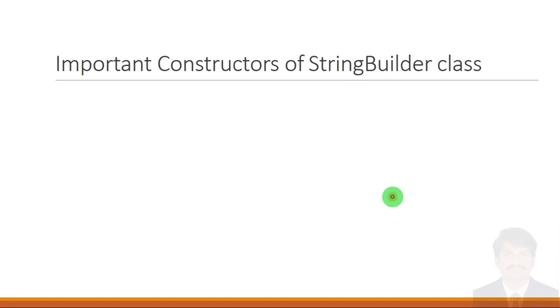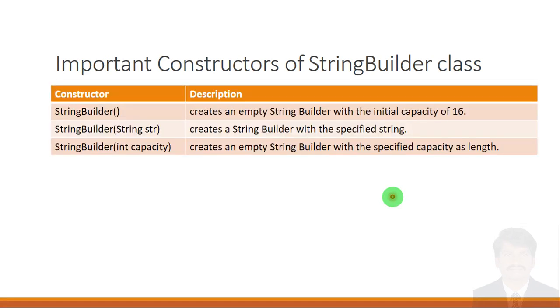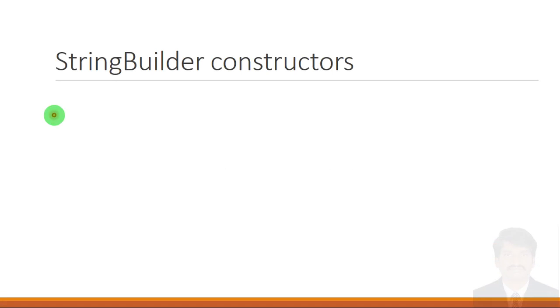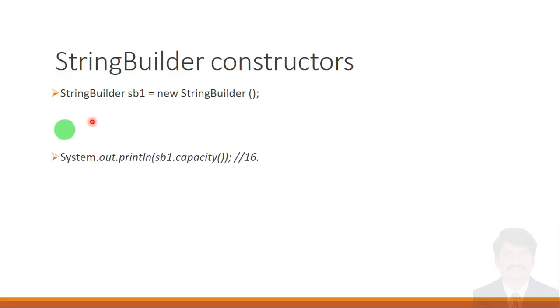Guys, let us see the constructors present in the string builder class. As we discussed in string buffer, string builder also has three constructors. One is the default constructor, another one is where we can provide a string, and another one is where we can provide the capacity. Whenever you create a string builder using the default constructor, it will create a string builder with a capacity of 16.